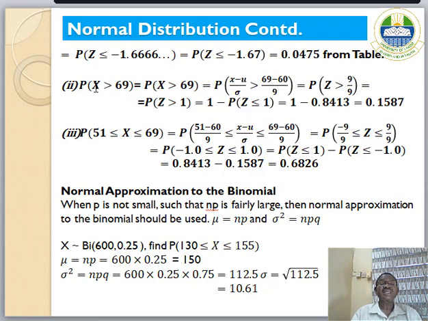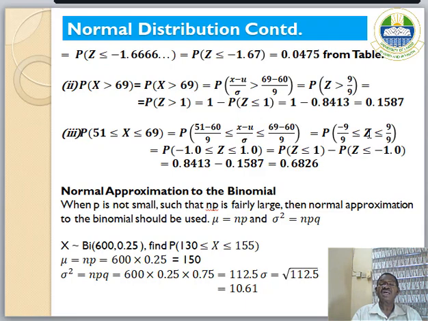The probability that X is greater than 69: you transform both X to this quantity and 69 to this quantity and do the rest. The probability that X lies between 51 and 69: you change X to this quantity, then 51 to 51 minus 60 over 9, and 69 to 69 minus the mean, which is 60, over 9, which is the standard deviation.